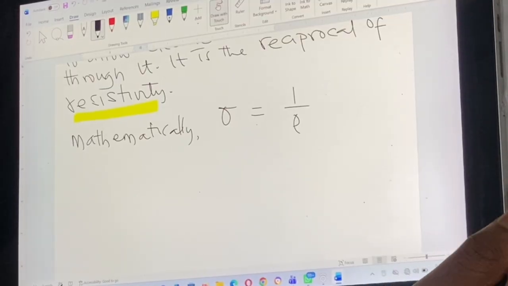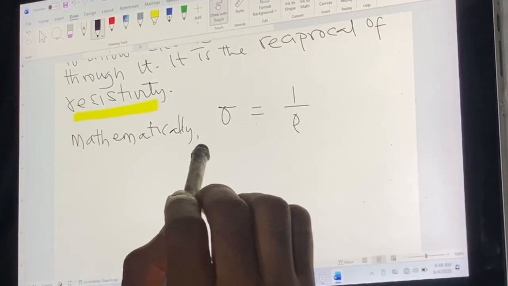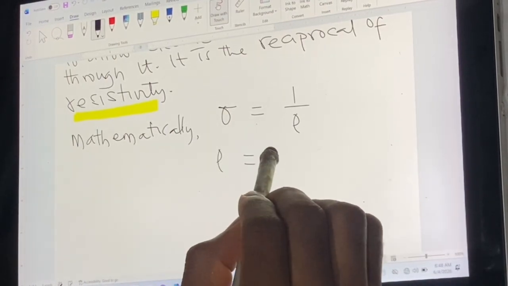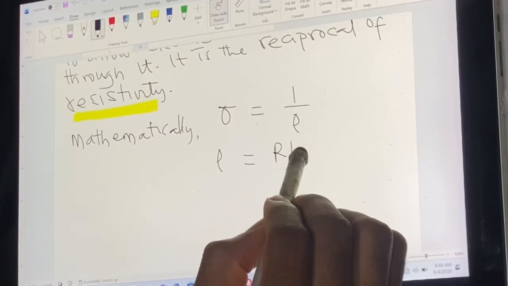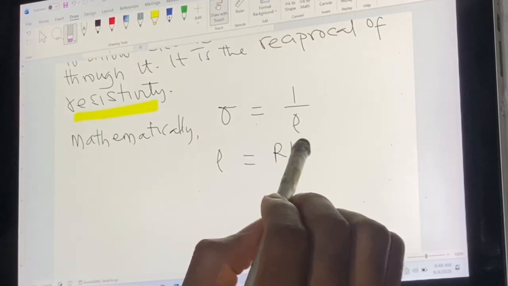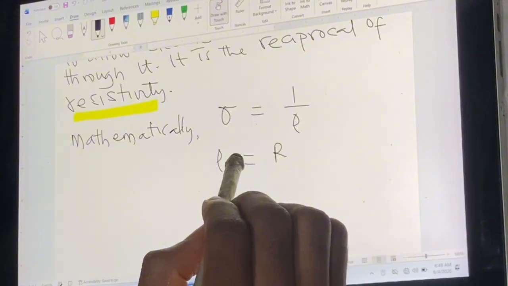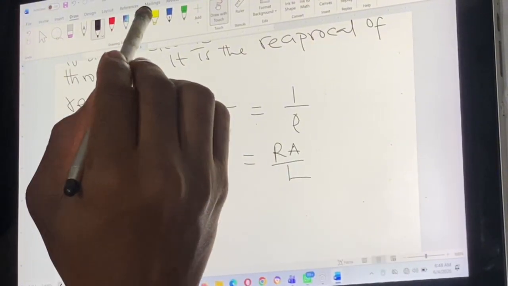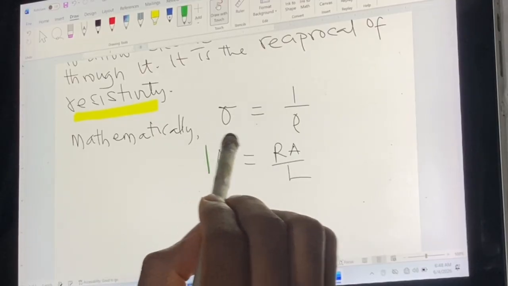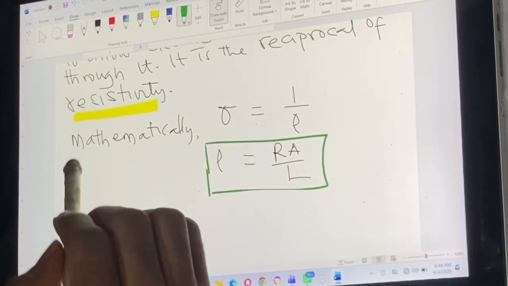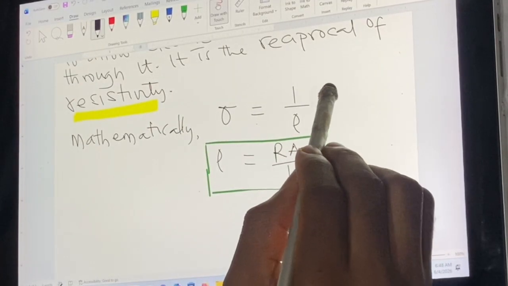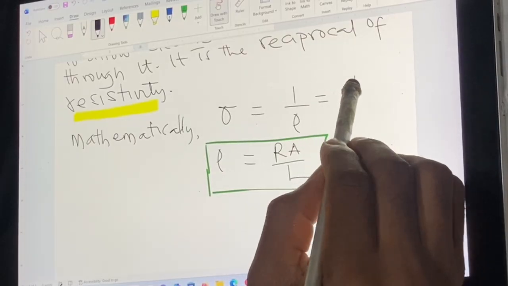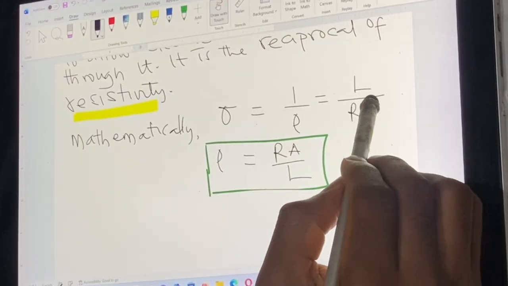And we all know that the formula for resistivity is equal to rho A over L. So when you invert this here, it will be for conductivity. So I will have this to be L over rho A.